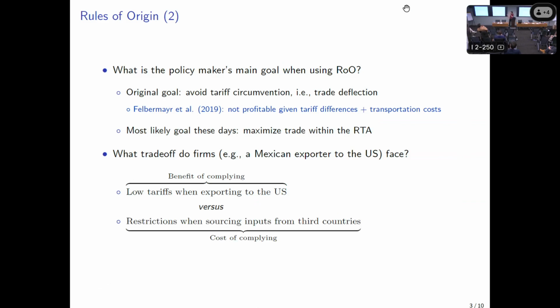Well, what is the cost? The cost is that I'm going to be restricted in which third countries I'm able to source my intermediate inputs from. As we said before, because NAFTA rules of origin are written so that, if you're producing a particular output, there is a list of restricted inputs. So if I want to import one of those inputs from third countries, then I cannot make use of NAFTA, which means that I have to export at a relatively high tariff.